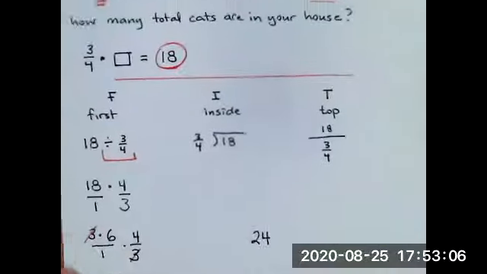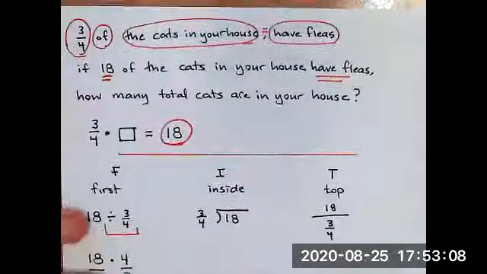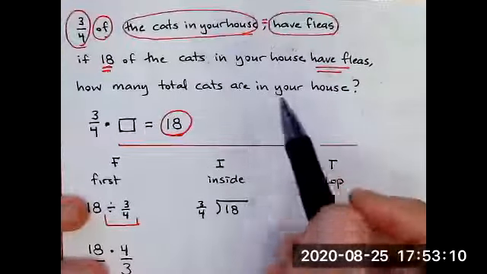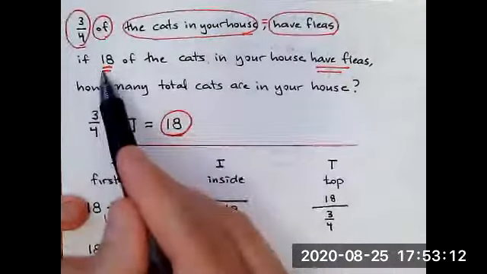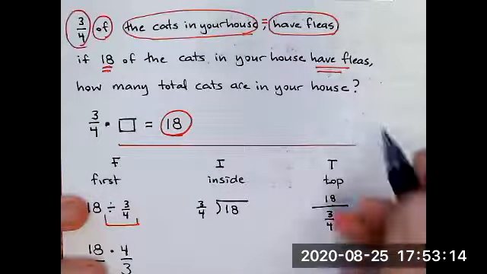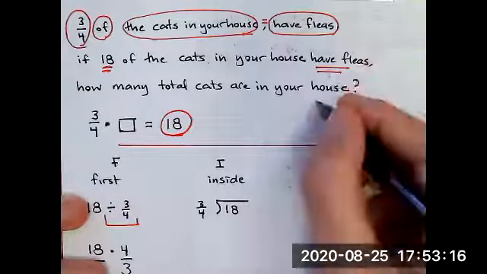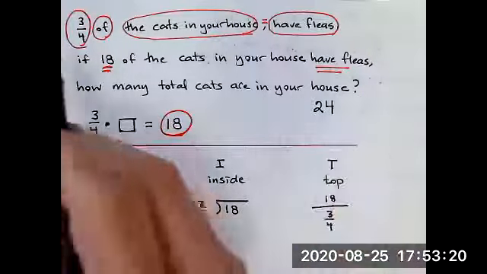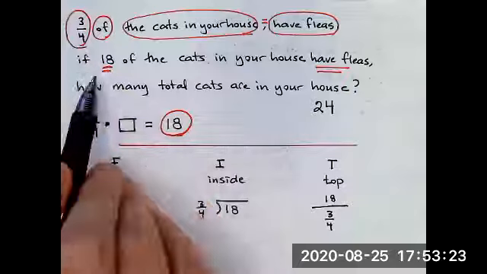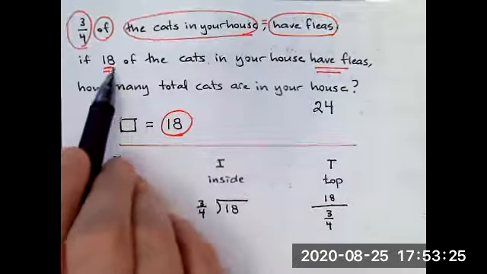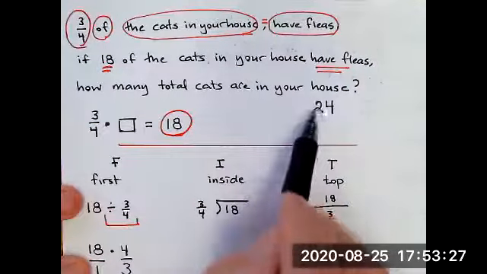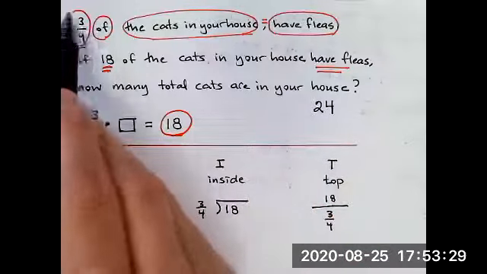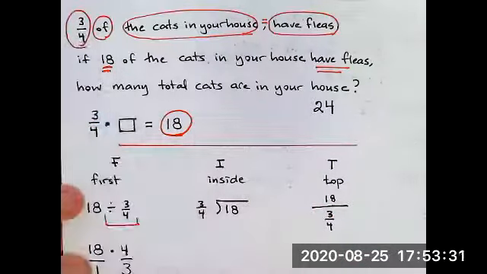Let's look at the original problem. So you have 18 cats with fleas, and that would mean you have a total of 24 cats in the house, and that's 3 out of every 4 cats with fleas. So 18 out of 24 is 3 out of every 4 cats. So that makes sense.